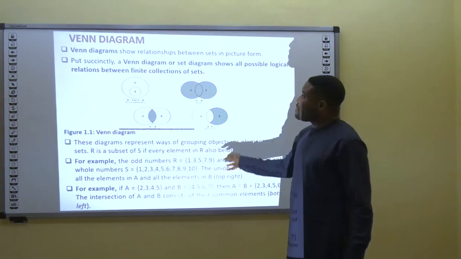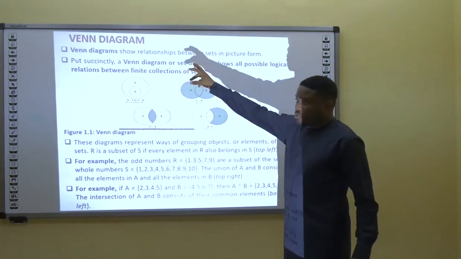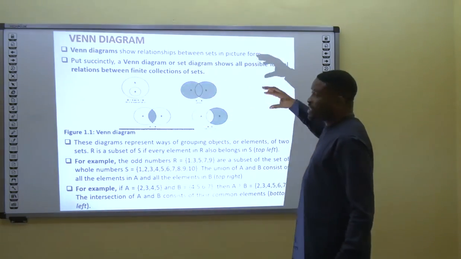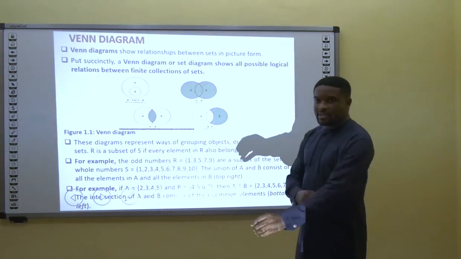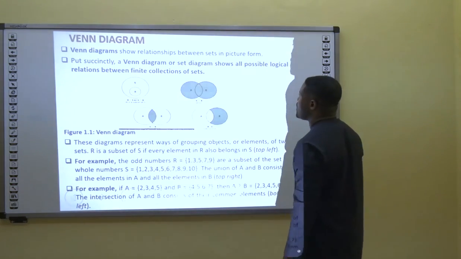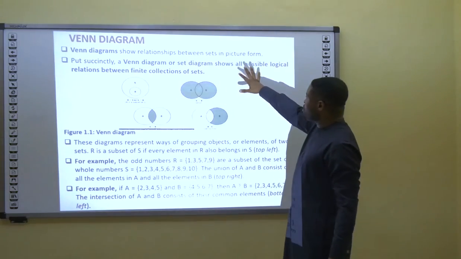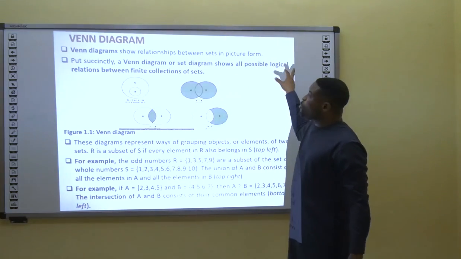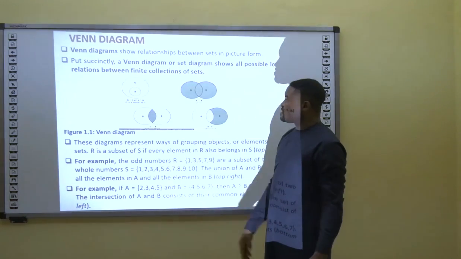Now when we talk about sets, one thing we normally use to represent sets is what we call the Venn diagram. The Venn diagram shows a relationship between different sets of information. Put simply, a Venn diagram shows all possible logical relations between finite collections of sets.